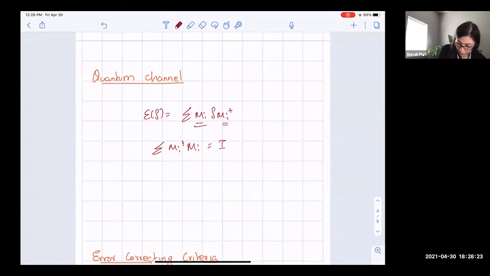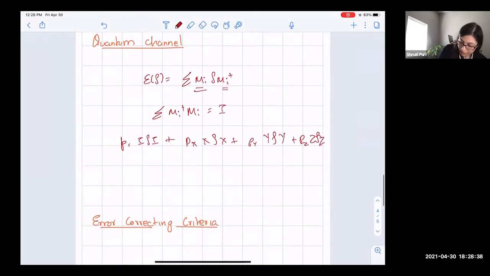So with some probability I rho I happens, with some probability X rho X happens, some probability Y rho Y happens, and with some probability Z rho Z happens.